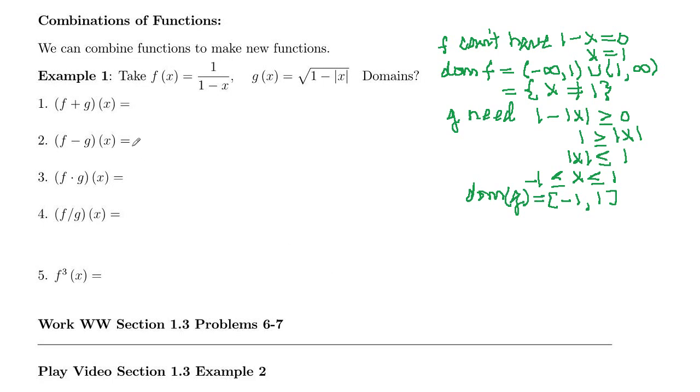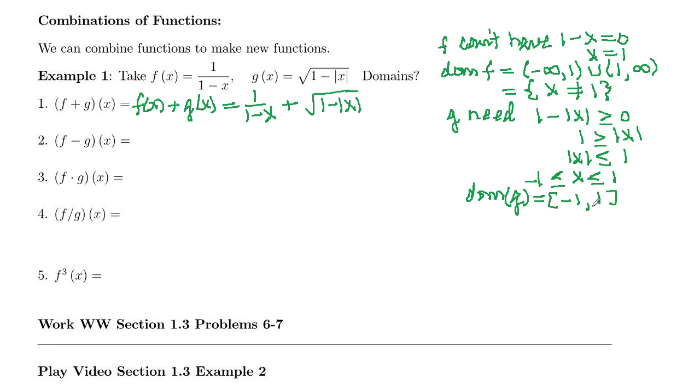Okay. So then the function f plus g at x, you just take f of x and you add g of x. So this is just going to be 1 over 1 minus x, and then you'll add on that root 1 minus absolute x. And the domain here is going to be the intersection of these two domains.